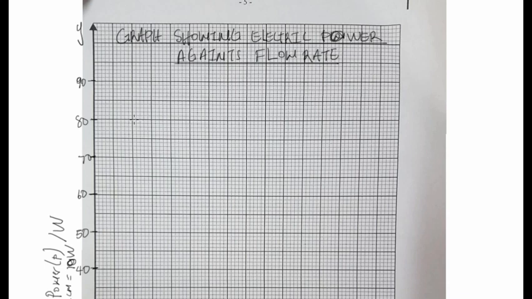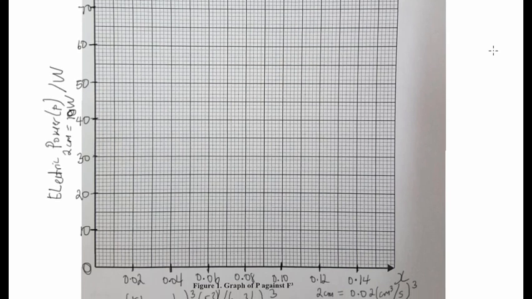I've already filled in the title, and I labeled my axes. This is my y-axis, and again I have electric power on the y-axis, and I've chosen a suitable scale, and I've written the scale here. So 2 centimeters is equal to 10 watts. So each 2 centimeters is equivalent to 10 watts.